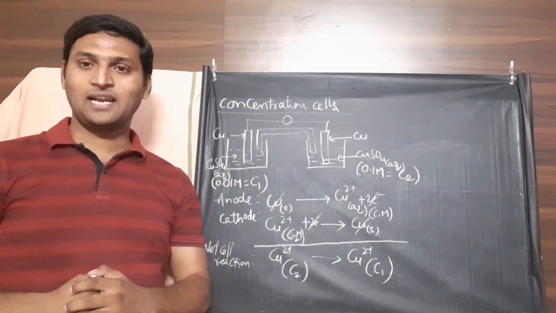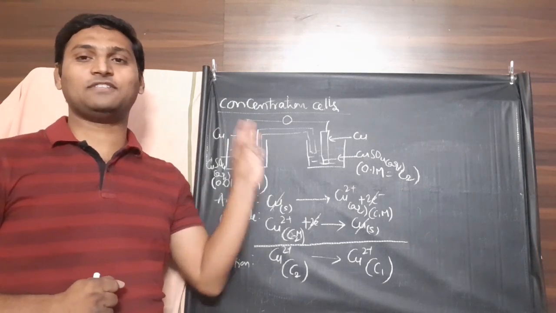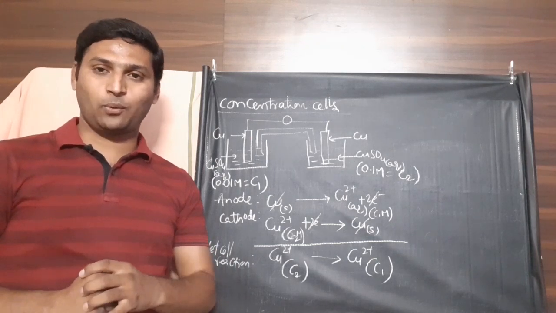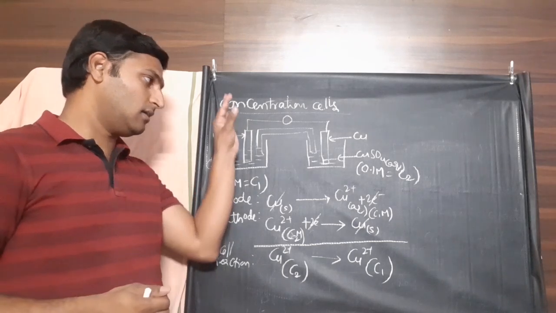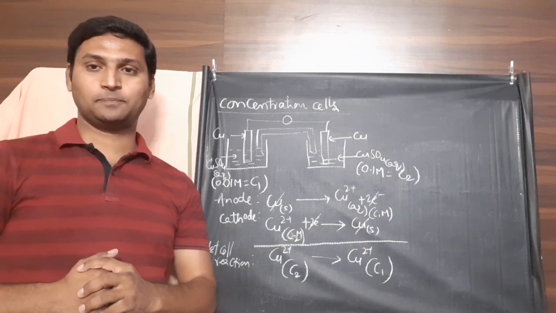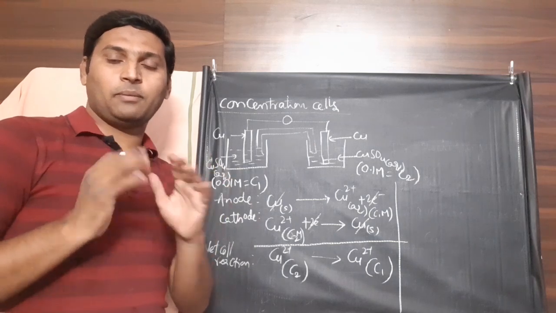Now, how do we determine the cell potential of such a concentration cell? As usual, we will be applying the Nernst equation only. How does the Nernst equation help calculate the cell potential of such a concentration cell? Let us observe that. Hope you remember the Nernst equation.